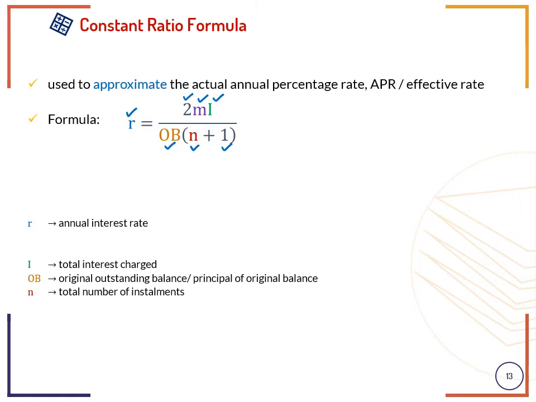The constant ratio formula can also be used to calculate the total interest charge if the interest rate on the reducing balance is given.